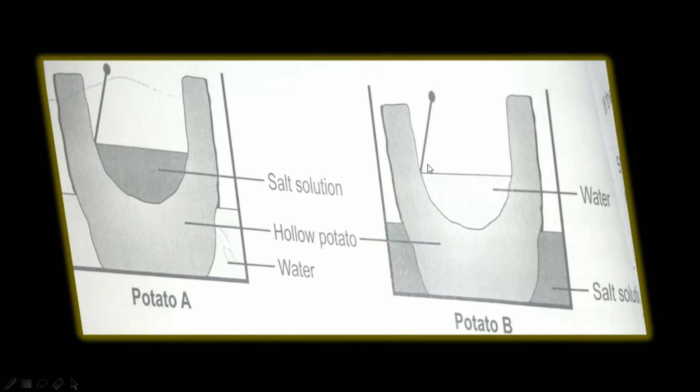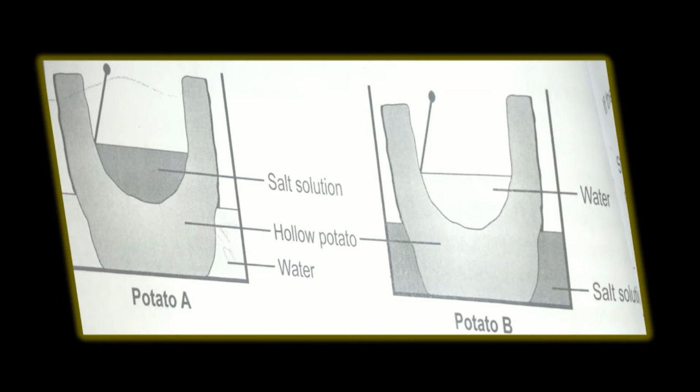All right, and then what is it that you'll notice? You will notice that your water level here will decrease, whereas your water level in potato A will increase. So your salt solution in potato A will be more diluted, whereas your beaker will have less water.